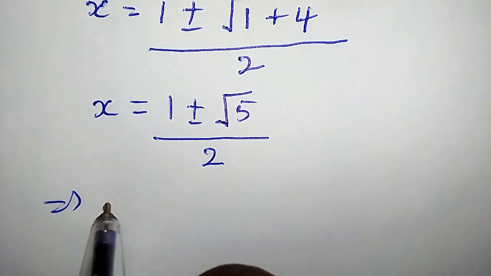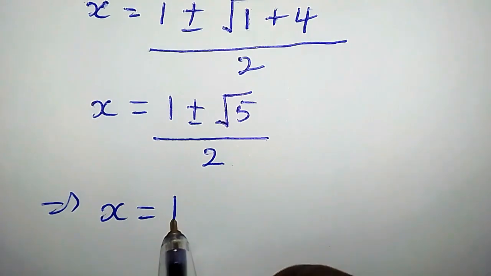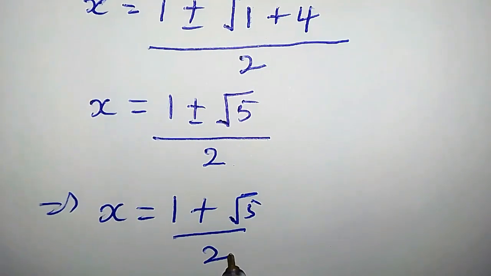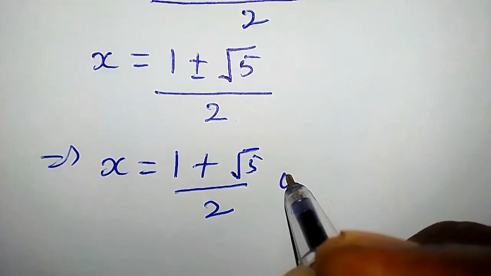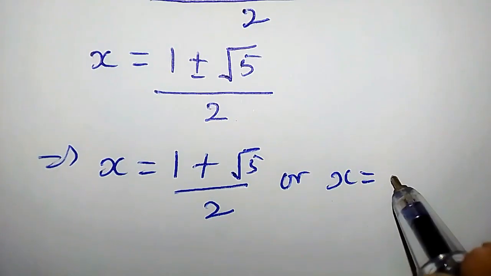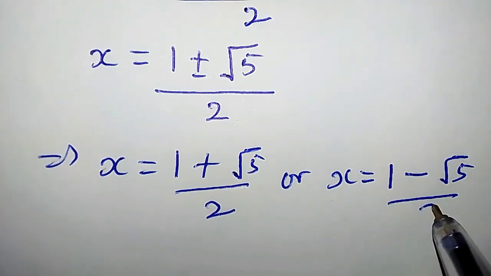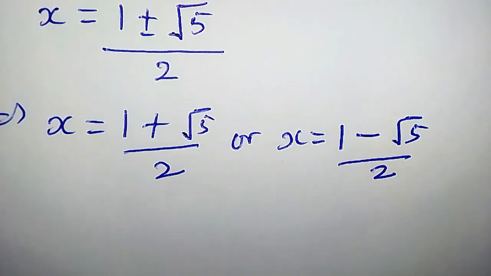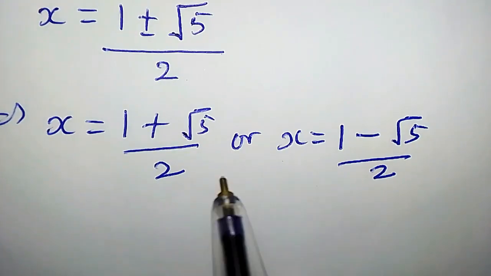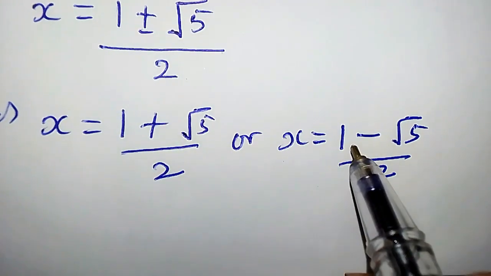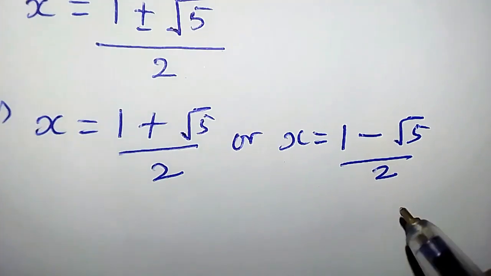This implies that x is equal to 1 plus square root of 5 over 2, or x is equal to 1 minus square root of 5 over 2. It is obvious that we have two solutions, x equals 1 plus square root of 5 over 2, or x equals 1 minus square root of 5 over 2.